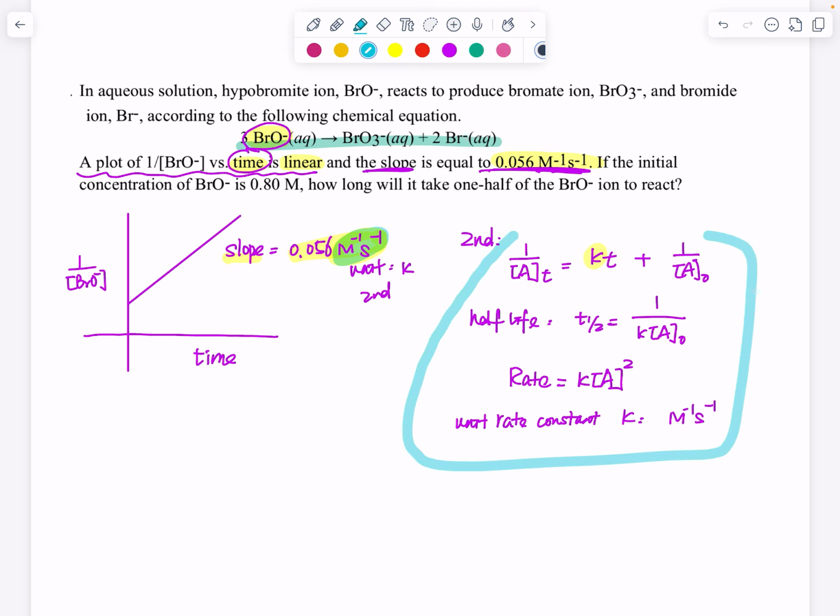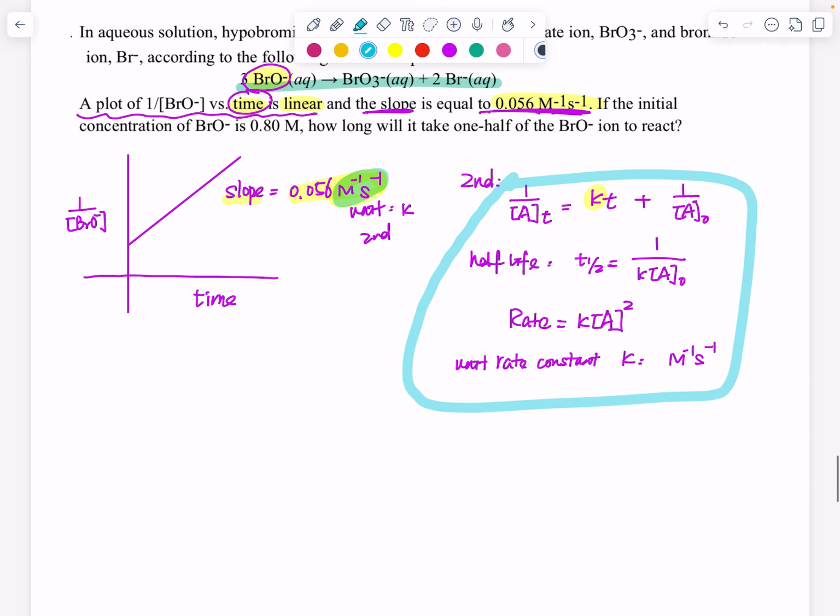All of this is background info. Once you figure out it's second order, we should remind ourselves, okay, I know all of this information. Apparently for this question, the unit for k was needed, and knowing the linear relationship for the second order reaction equation is needed. So that's all helping us figure out it's second order.